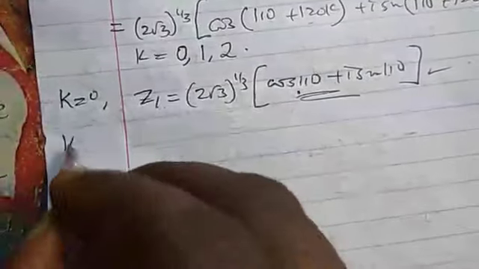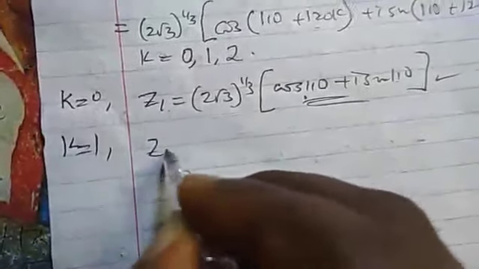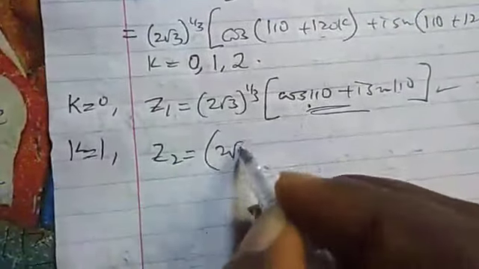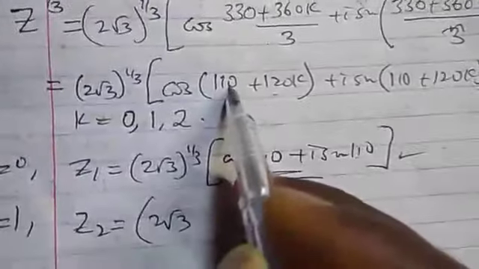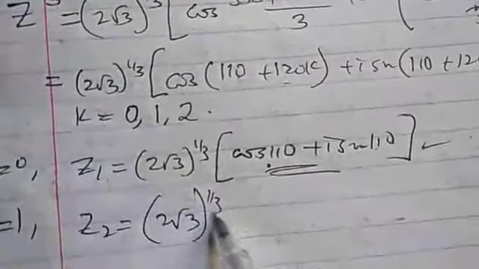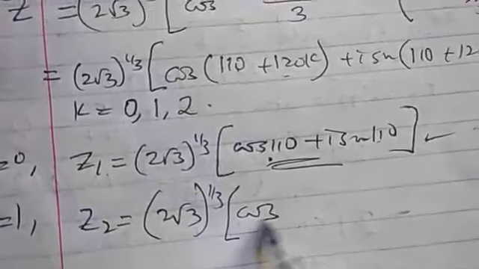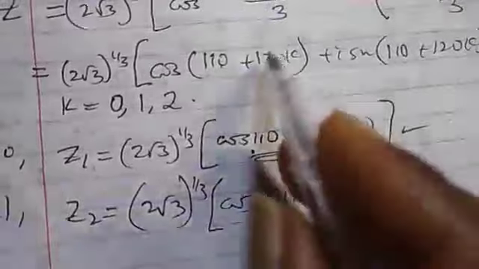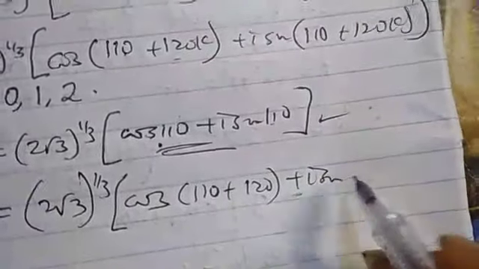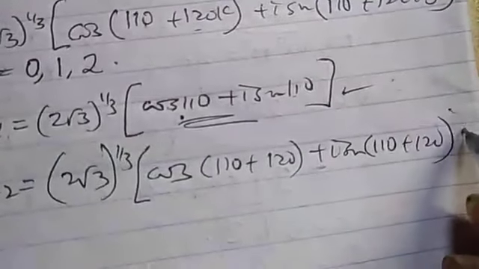That is an answer. When k is 1, the second one, we'll just be using this deduction to get our answer. So when k is 1, that is cos of 110 plus 120, plus i sin of 110 plus 120.